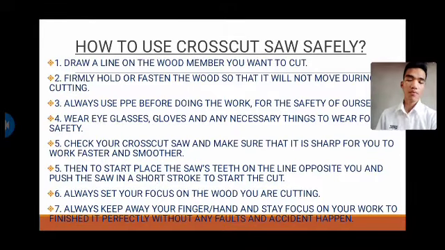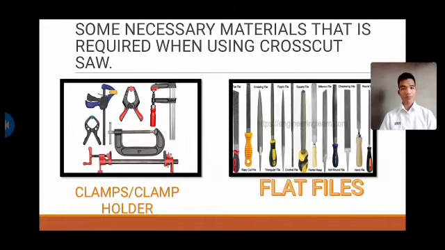Okay. Now let's proceed. Those are the 7 steps on how to use a crosscut saw. Now I have inserted there the necessary materials that are required when using a crosscut saw. You have seen there the clamps or clamp holders, because they are mini clamps in different styles.